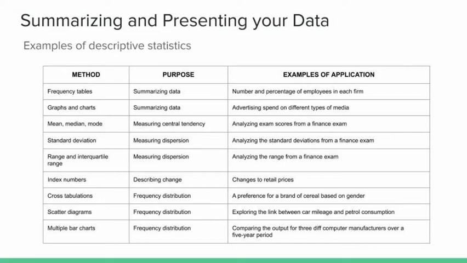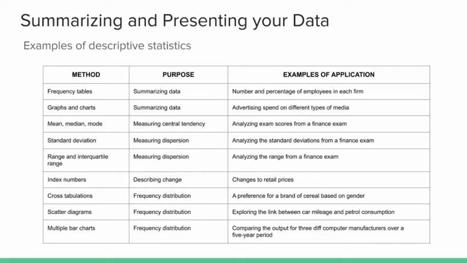Another thing, if you have to measure the central tendency, we have to get the mean, median, and mode. An example of which is analyzing exam scores from a finance exam. We use standard deviation when we measure dispersion.